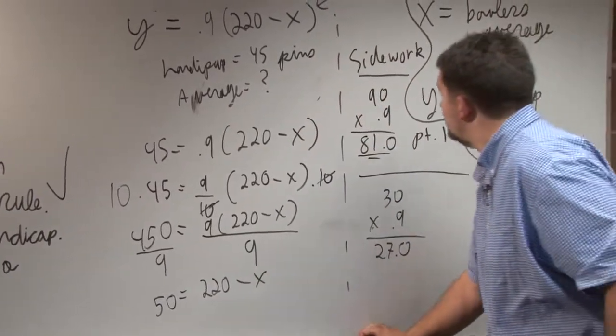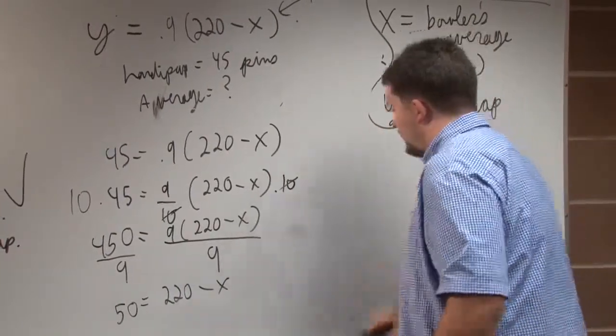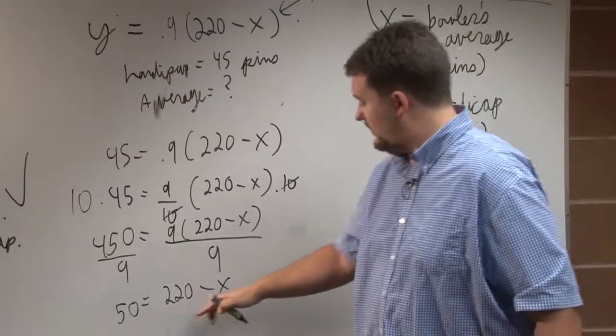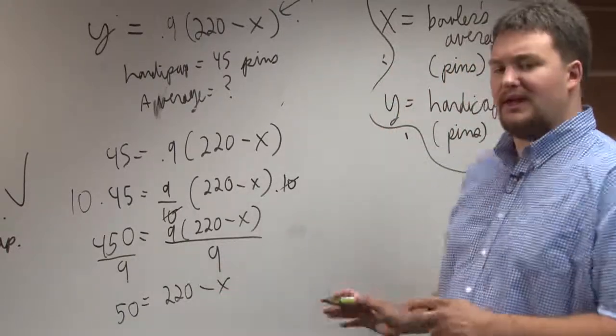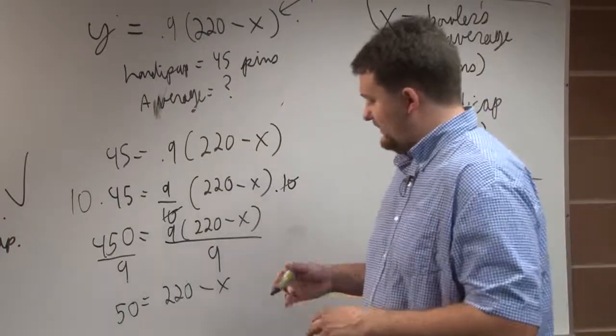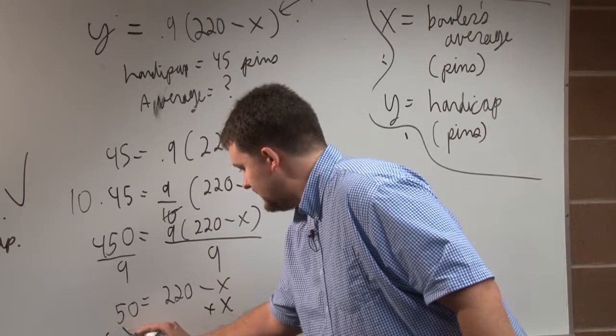Alrighty, I'm running a little short of room, so let me erase this real quick. Okay, so we've got a negative variable. We never want the negative variable, and different people handle this different ways. I like to just take the time and add that to the other side.